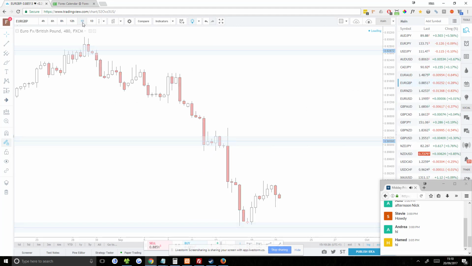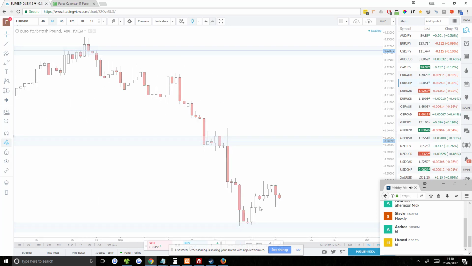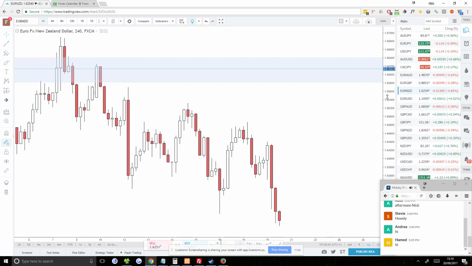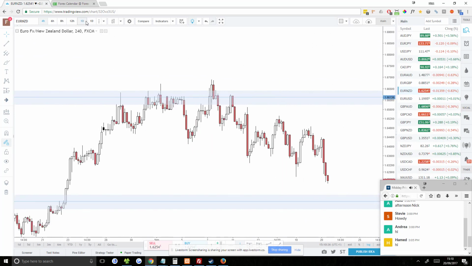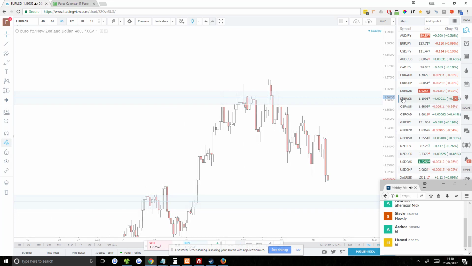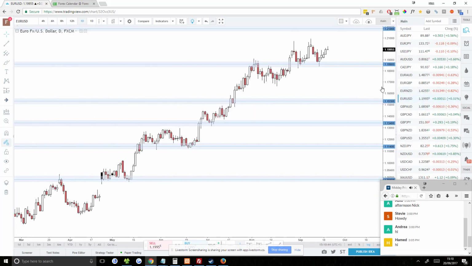Euro GBP. Nothing much that we can trade here. It's in between support resistance, so there's nothing that I would want to trade. Euro New Zealand, yeah, whatever. It's just in between support resistance, skip. I don't even like that pair, to be honest. Euro USD, alright, what's happening with this one?